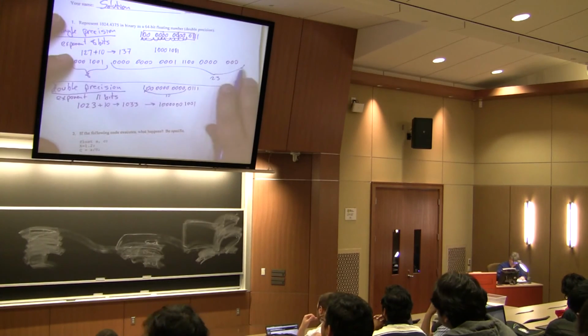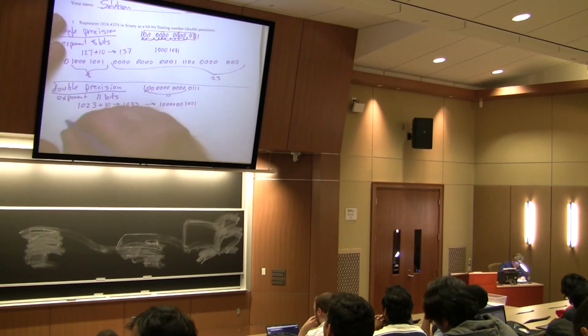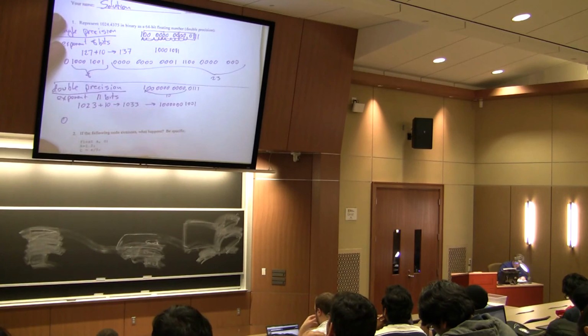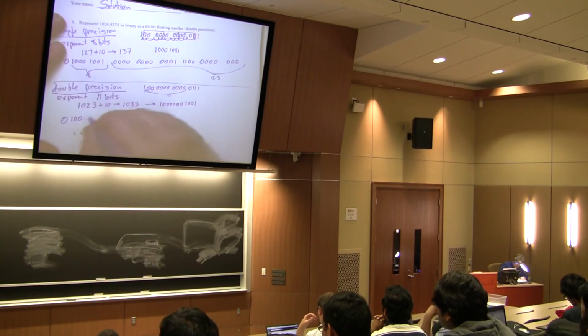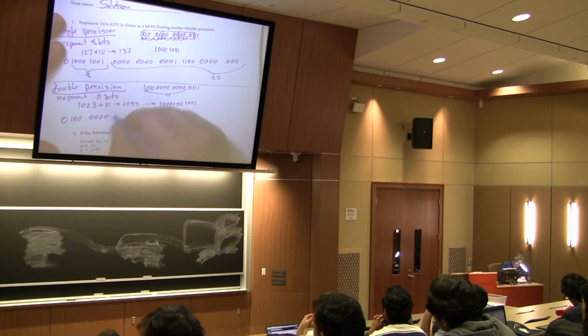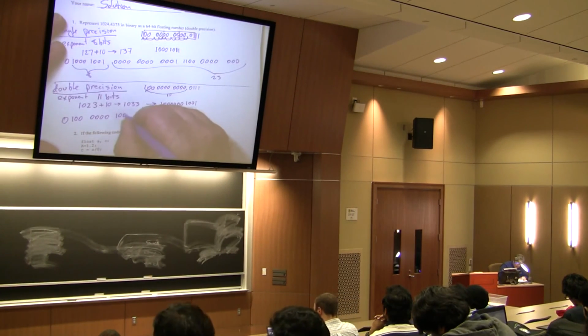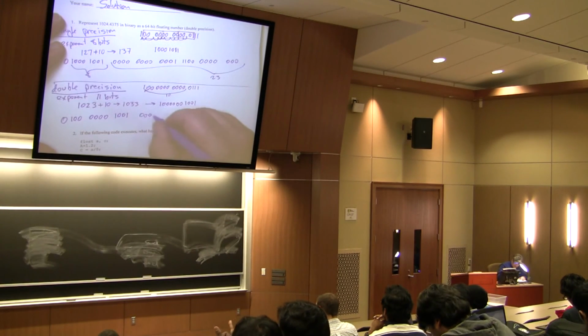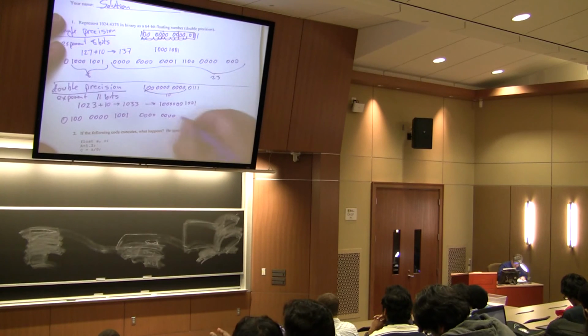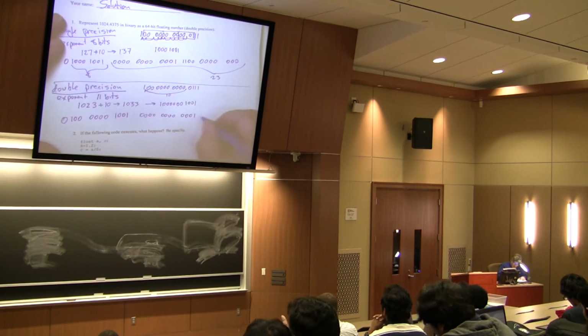And then, of course, the rest is going to be the same. So we're going to have, again, 0, followed by 1, 0, 0, 0, 0, 0, 0, 1, 0, 0, 1, followed by 0, 0, 0, 0, 0, 0, 0, 0, 0, 0, 0, 1, 1, 1, 0, 0.